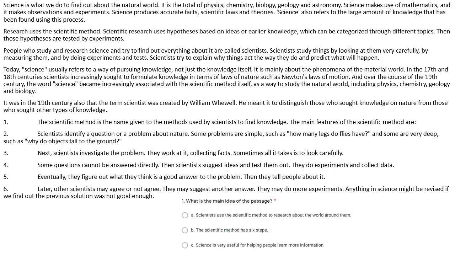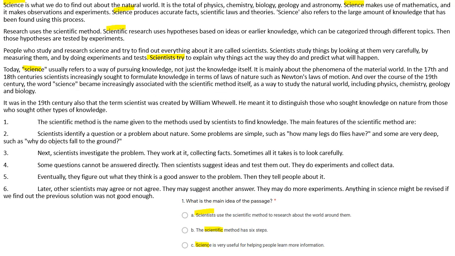Now, if you've read this passage, then you know that there is the word science and the word scientific and scientists, all the way through. Every paragraph talks about science and scientists, and science is also in all of the answers. So we need to go a little bit deeper.